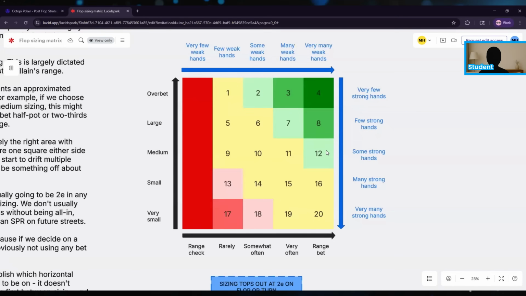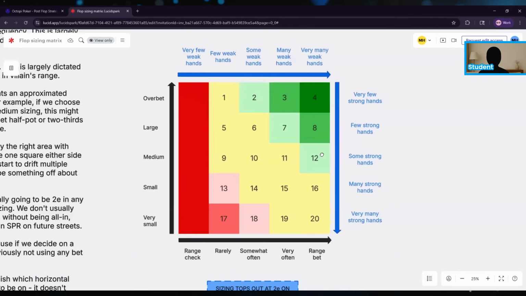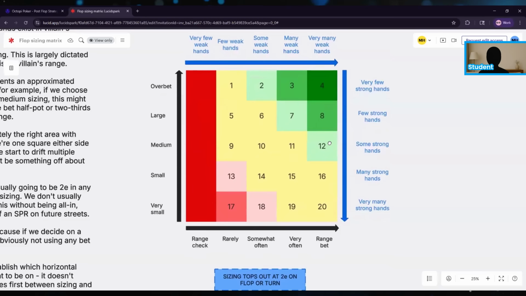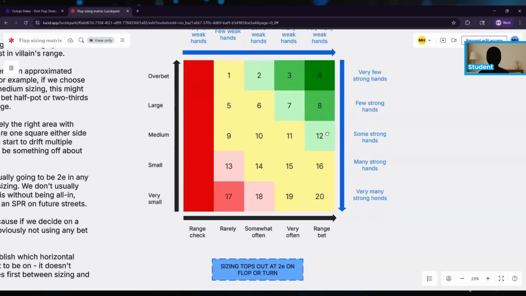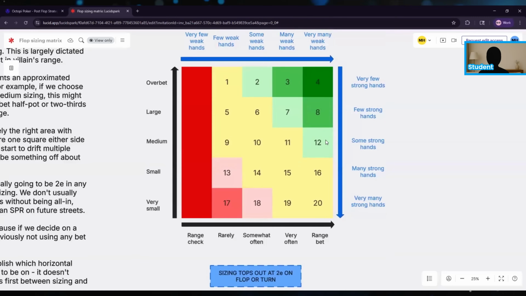And it's then going to serve us well across multiple streets instead of ending up with what we sometimes get, which is they'll not have a clear idea of what their strategy is in any given spot, which ends up with them betting different sizes with different hands, right? They bet big with some hands, they bet small with other hands, and their strategy just is not fitting together nicely. So that's what we want to avoid.